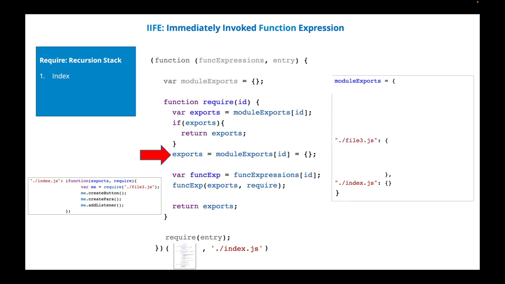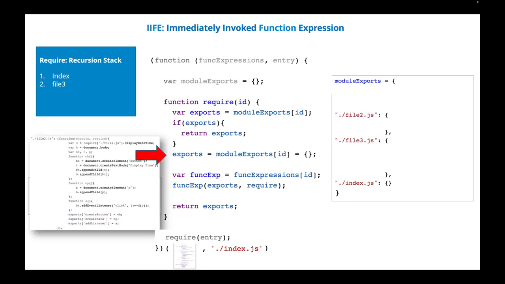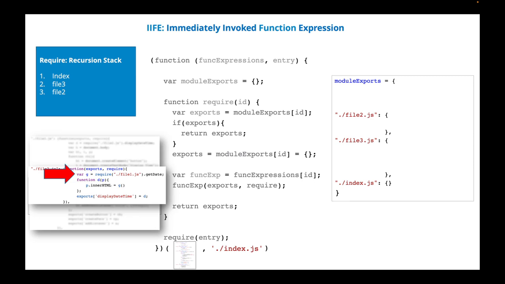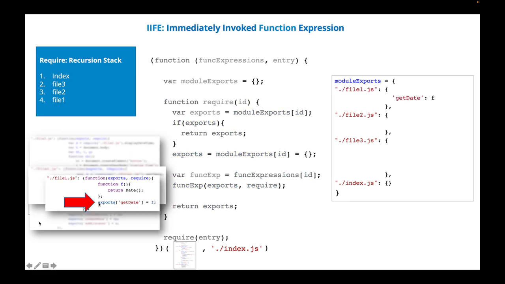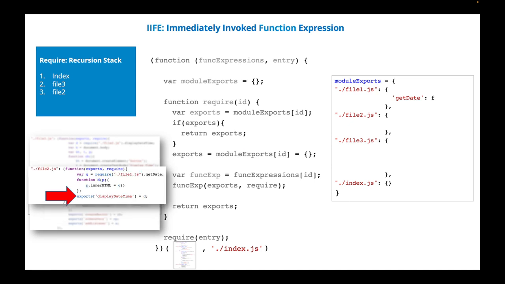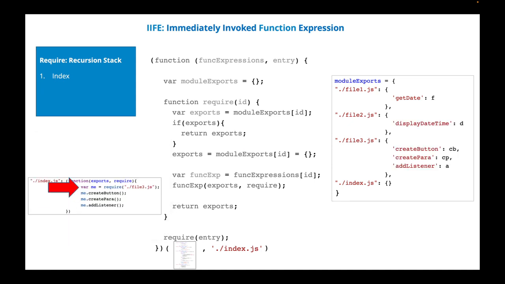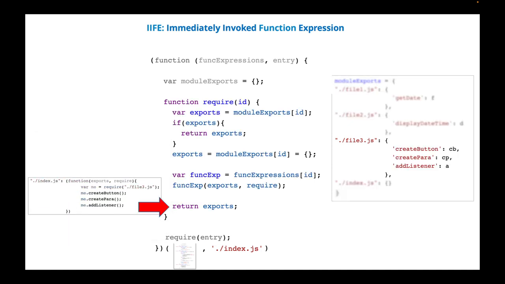It keeps going through every file and building those objects, because every file has a require as its first line. The moment it reaches a file that has no require statement, it reaches the export statement next, because the function is not executed immediately, it's just a definition, and then it starts filling those exports objects. And that's how it creates this.